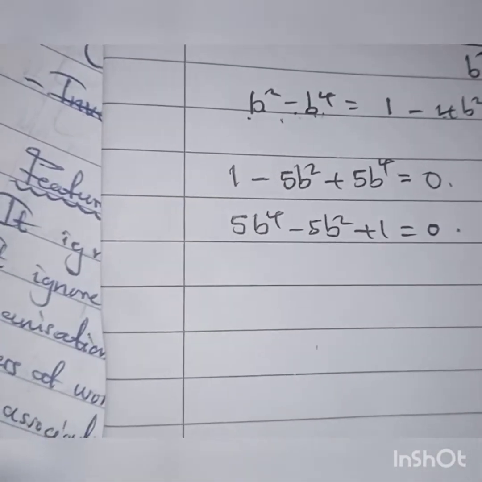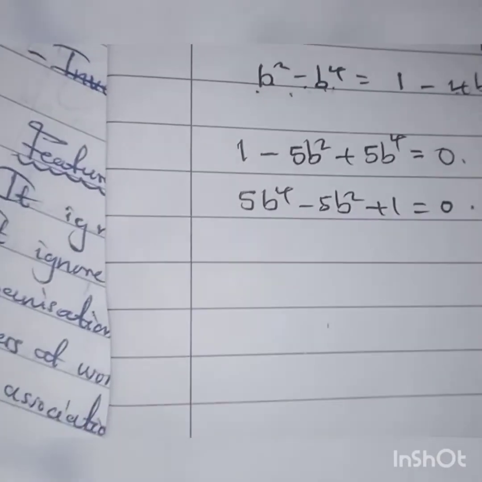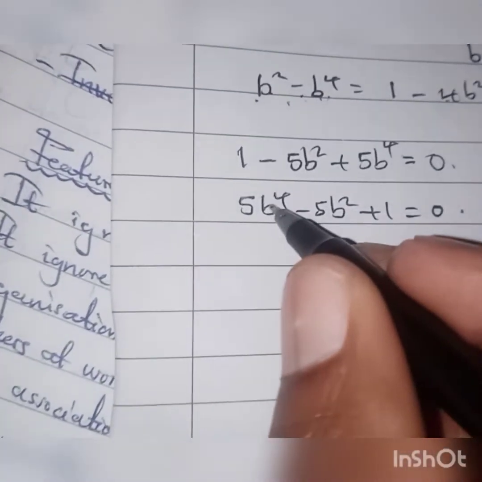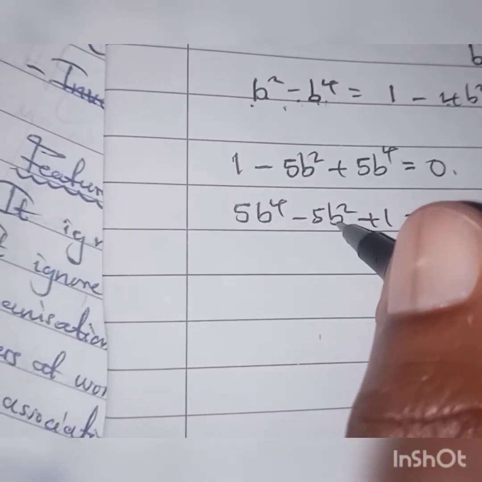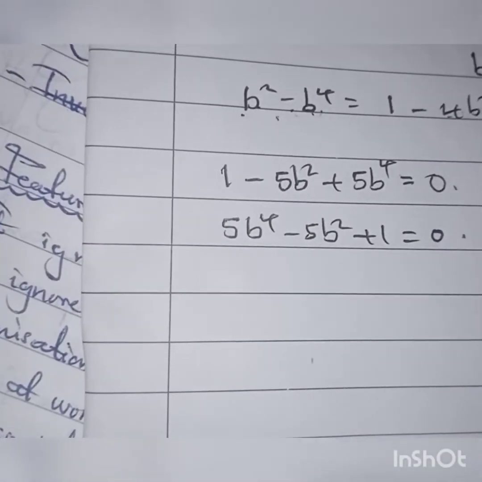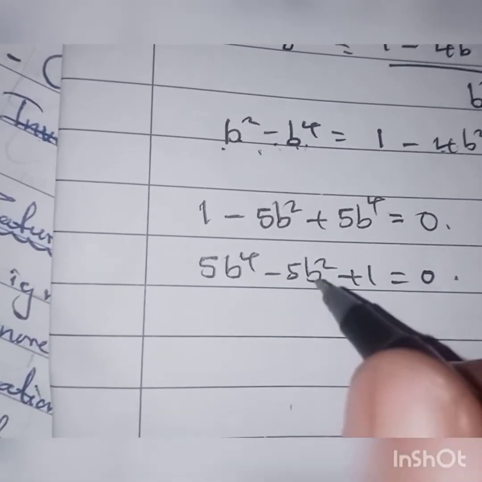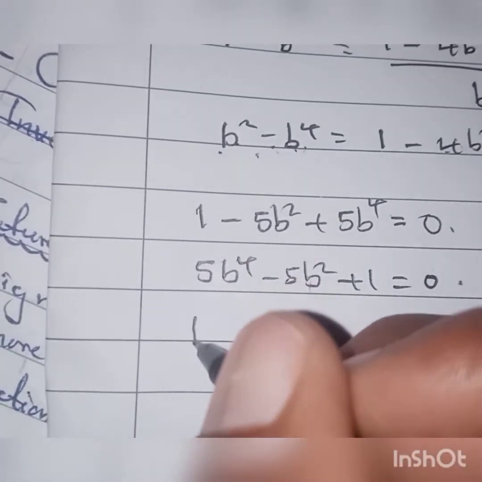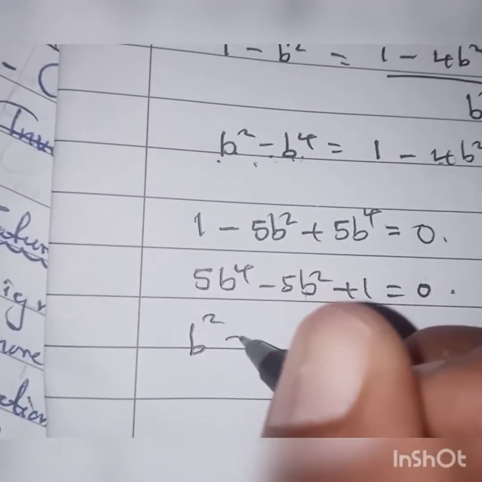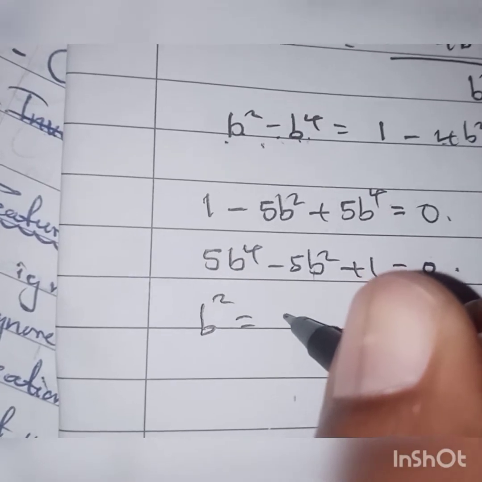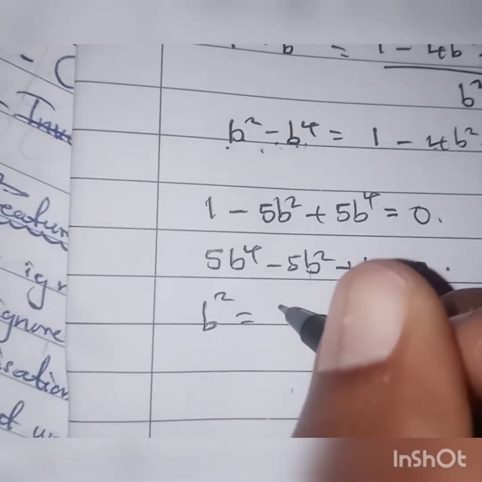So we can see now this is a quadratic equation, but we have to set b squared so that we can solve it using the quadratic formula. Just set b squared to be something like q.